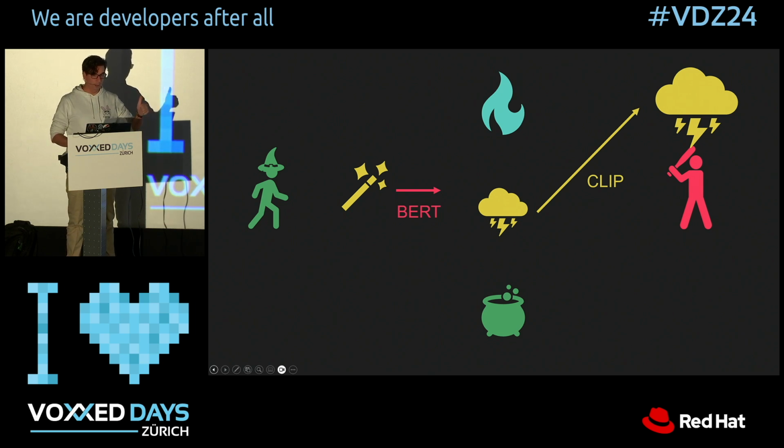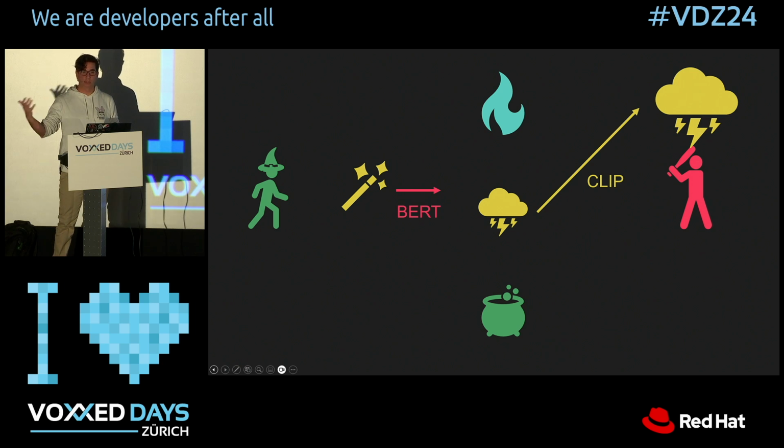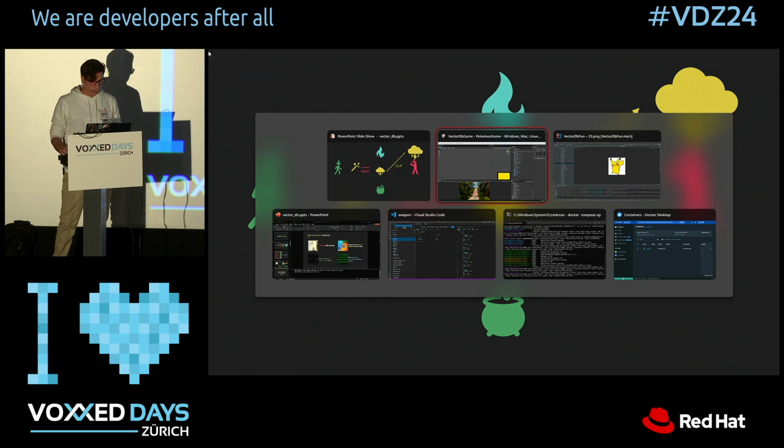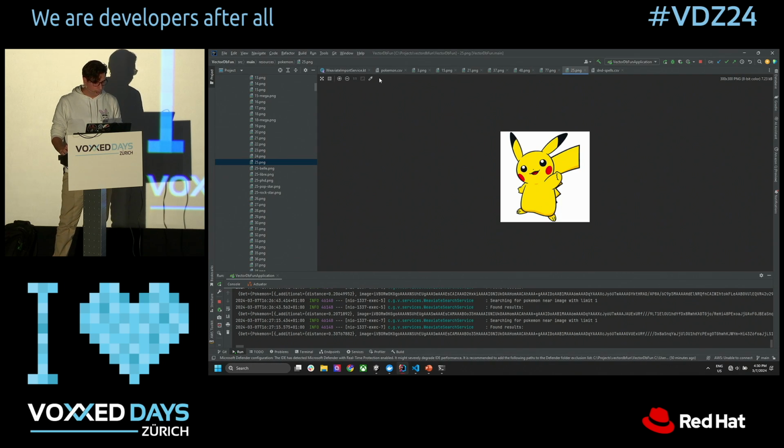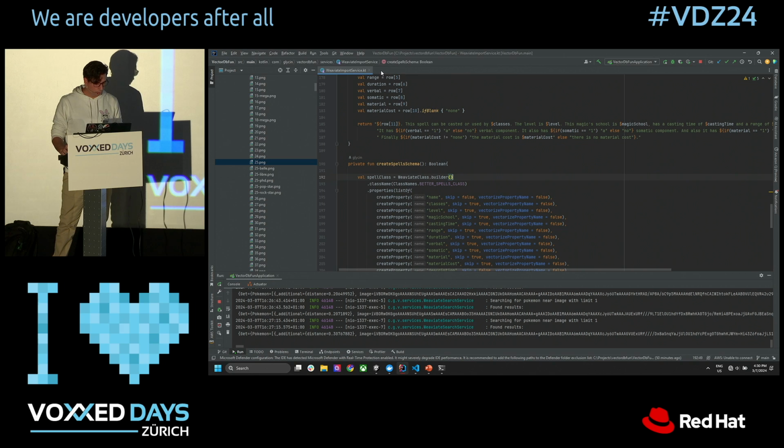So the BERT model, for example, could only grab text and vectorize that. The CLIP model can grab text and images and sound and put them all in the same vector space. So that means that you can search for images using text or for text using images, for example, which is pretty cool.